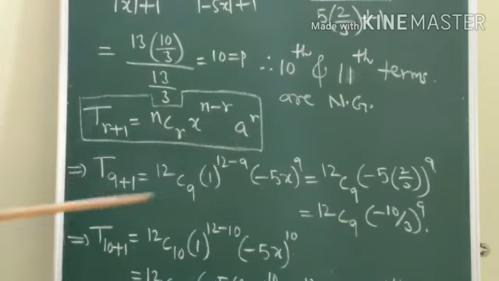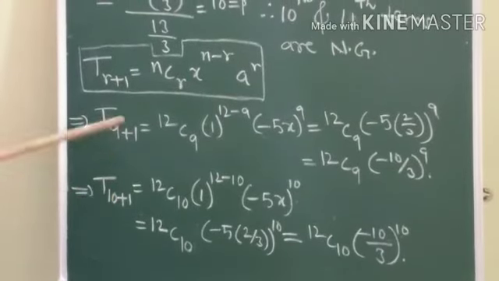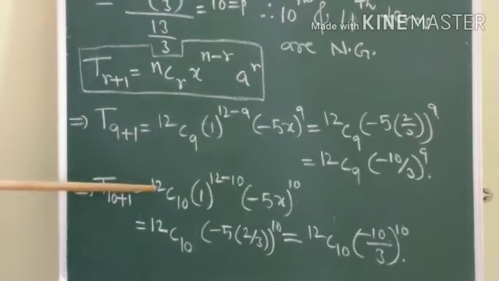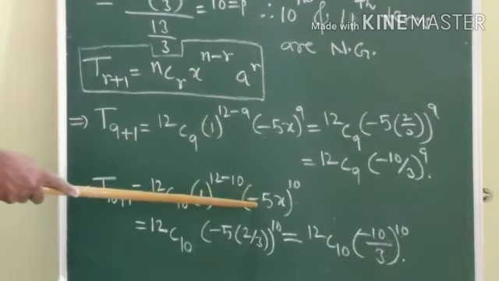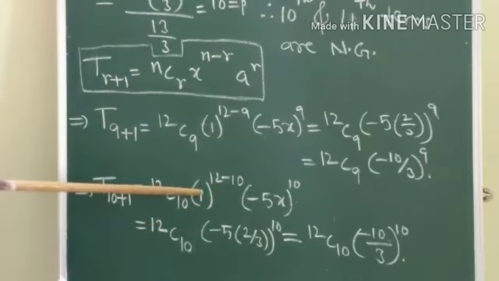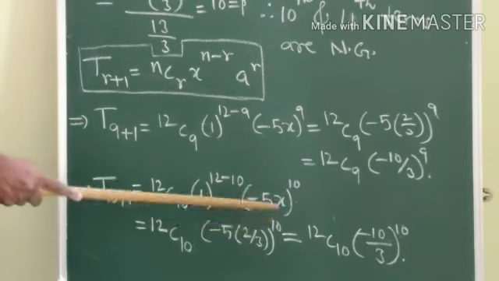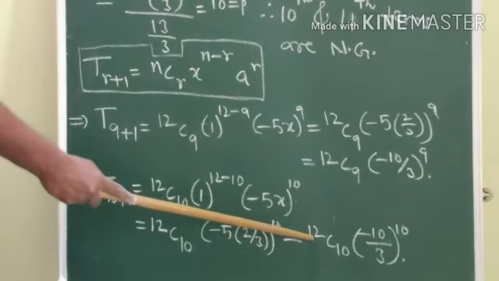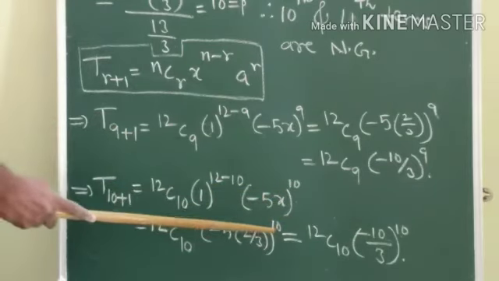That means 12C9 times (-10/3)^9 is one of the numerically greatest terms. And the second one is the 11th term. For the 11th term, we take r value 10. T(10+1) = nCr, that means 12C10 times 1^(12-10) times (-5x)^10. That means 12C10, where 1 to the power of anything is 1, and the next term (-5 times 2/3)^10, that is 12C10 times (-10/3)^10.